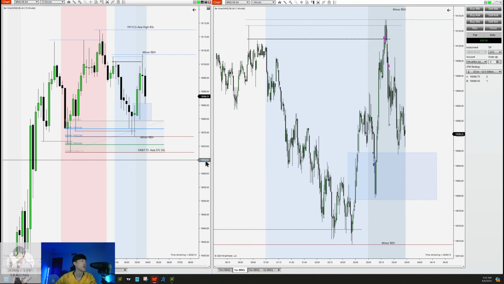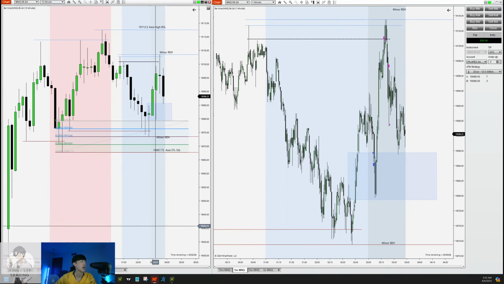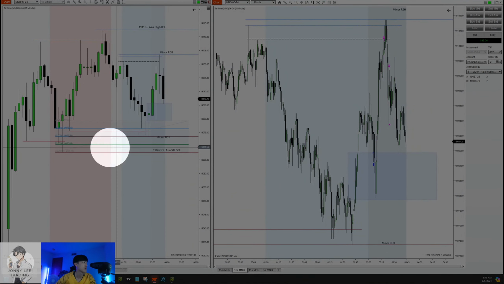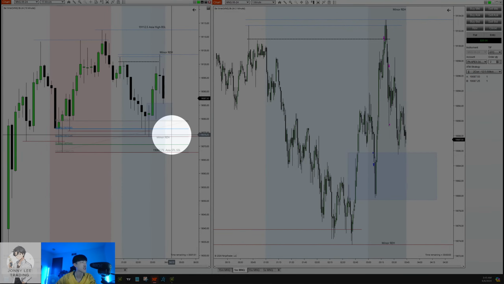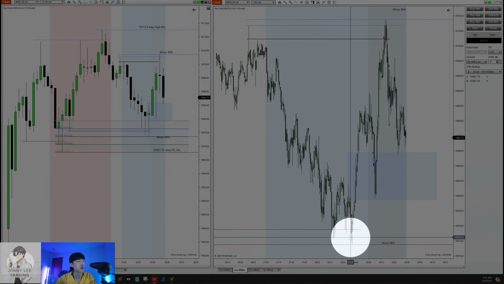Yes, good. So this is a setup that I see very often, and if you see this, you can keep your eyes out for it, where you have a 15-minute or above wick, and you see a short-term low formed right at the consequent encroachment of that wick. Watch for when price comes down to that specific level, okay?